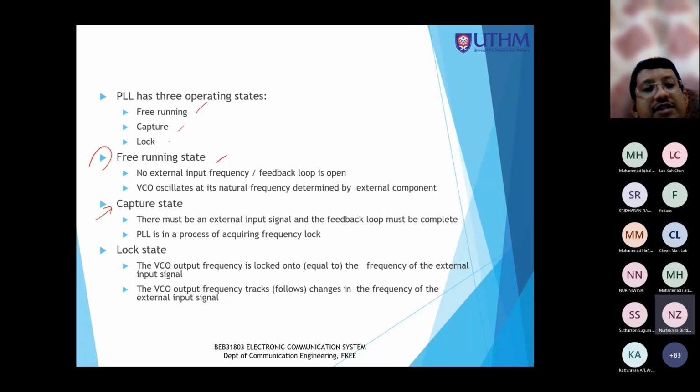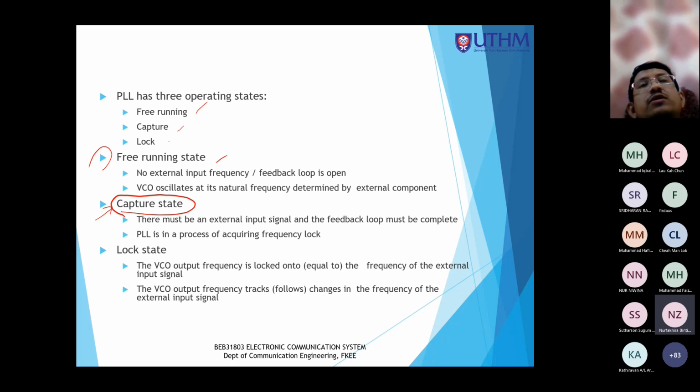And whenever there's a capture state, that means we have the input signal, and the PLL tries to find the frequency that we want. Capture state means that we have the input signal to the receiver, and the PLL is in the process of acquiring the frequency that we need.